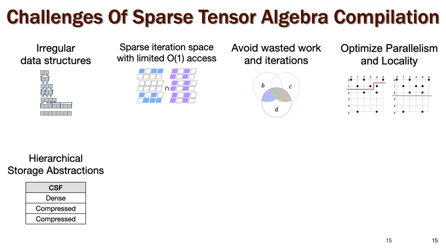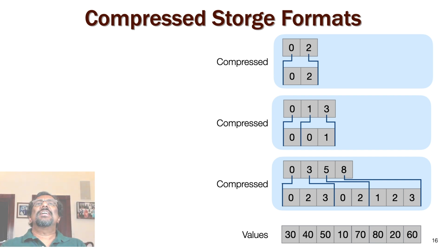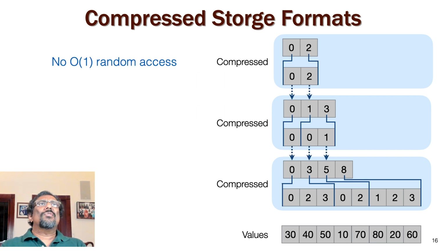So the next interesting thing is that the sparse iteration space limits how you can iterate over it. Let me give you an example. And the way we solve this is using what we call sparse iteration graphs. So here's a sparse representation. All three dimensions are compressed, and they are interconnected together. So now I don't have order one random access.